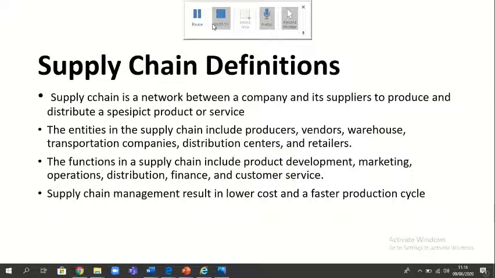The steps include transforming raw material into finished product, or transporting those products and distributing them to the user. The entities involved in a supply chain include producer, vendor, warehouse, transportation company, distribution centers, and retailers.